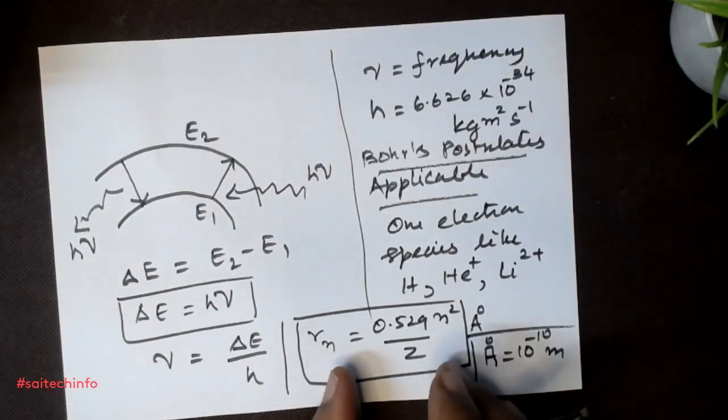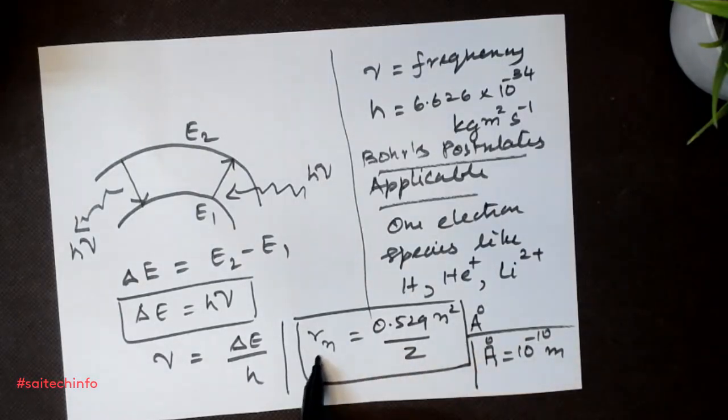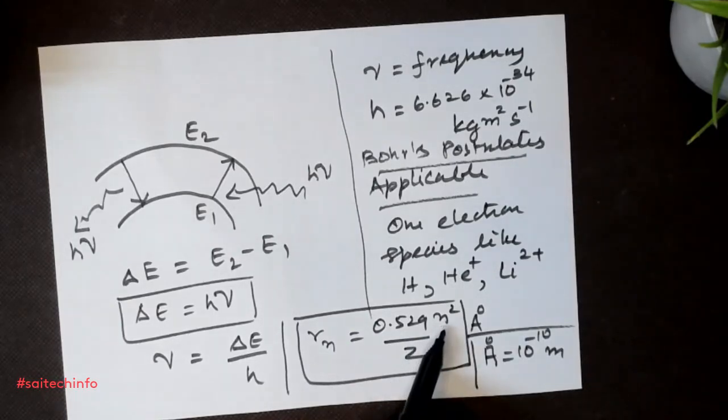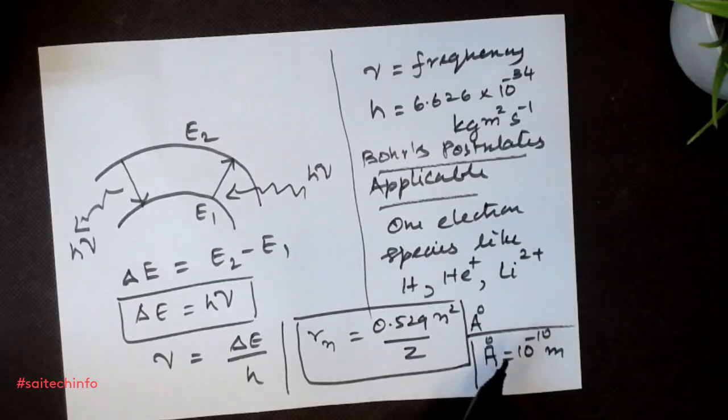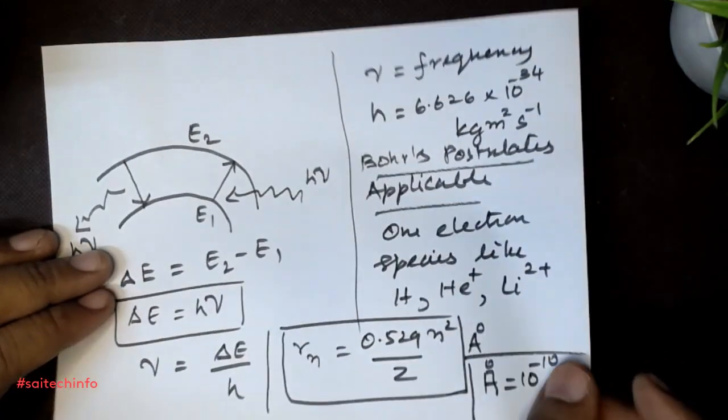So this is a very important equation. So what is rn? Radius of the nth orbit. Take down: radius of the nth orbit, Z atomic number, n is the integer, that is the nth orbit, first orbit or second orbit, etc. And based on that, we can work out the energy.